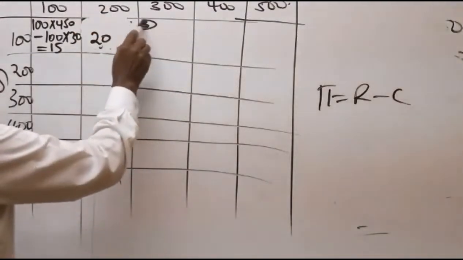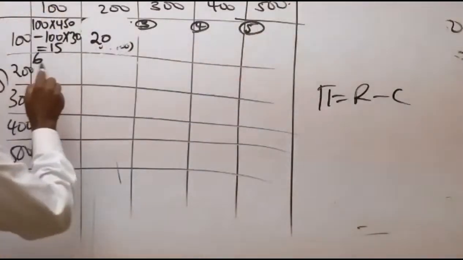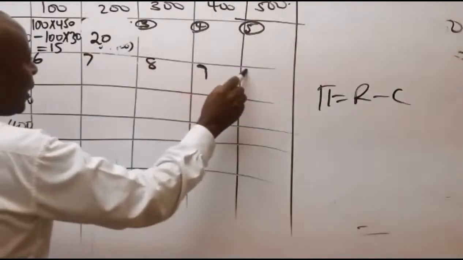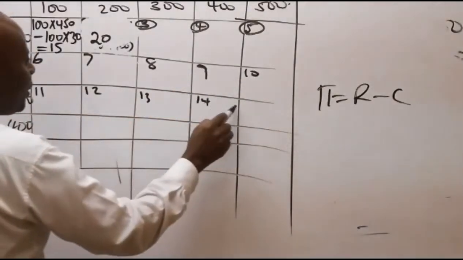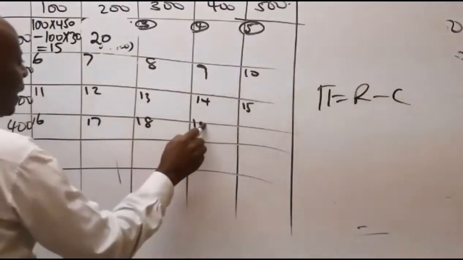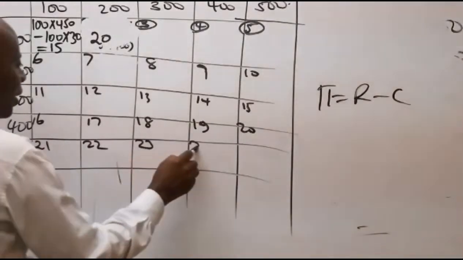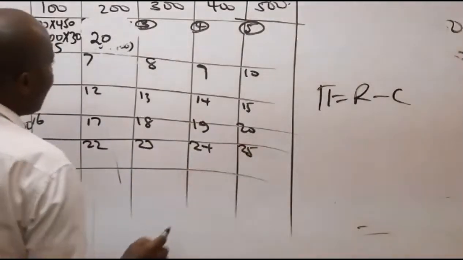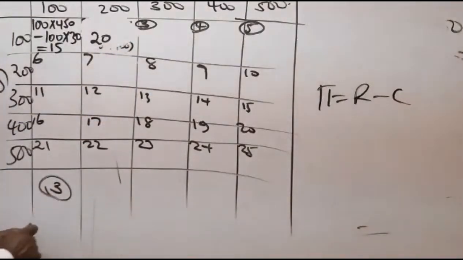So then we have cell number 3, cell number 4, cell number 5, up to cell 25. Could we kindly go to cell number 3? Can somebody talk to me about what is happening here?